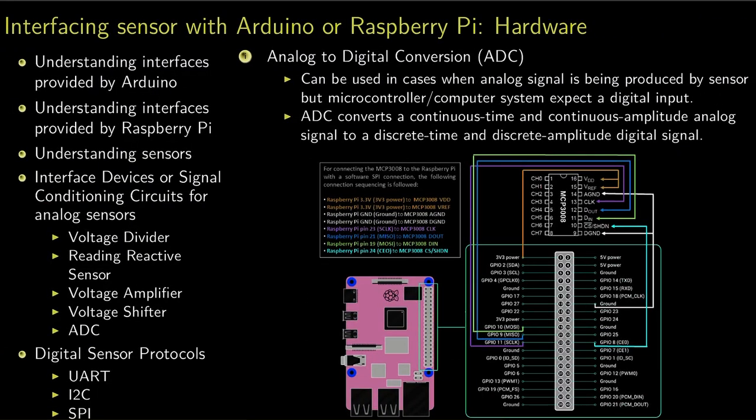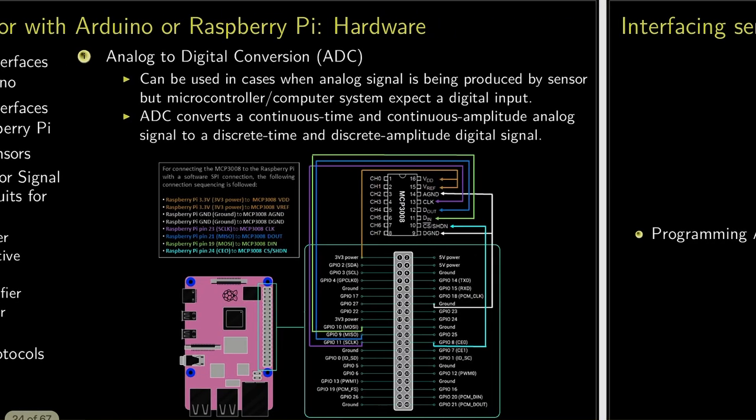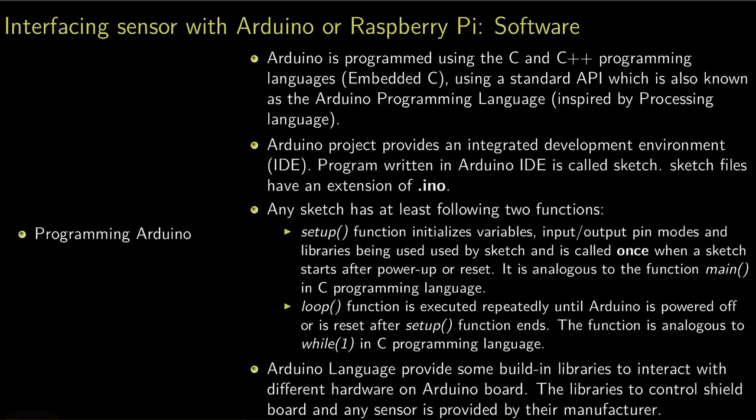So these are few points about what different pins mean and what are the functionalities of each of these pins. Now we have the programming of Arduino. So Arduino is programmed using the C and CPP programming language, which is embedded C, using a standard API, which is also known as the Arduino programming language, which is inspired by processing language.